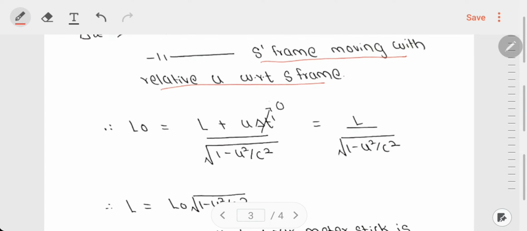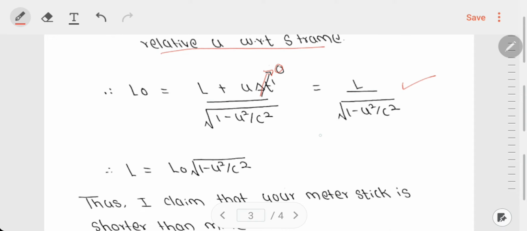Now, when we are measuring the lengths in the S prime frame, obviously the measurement events or the observing events have to be simultaneous, so we have del t prime equal to 0, and therefore we have L naught is equal to L over under root 1 minus u square by c square. Now rearranging these terms, we get L is equal to L naught times under root 1 minus u square by c square.